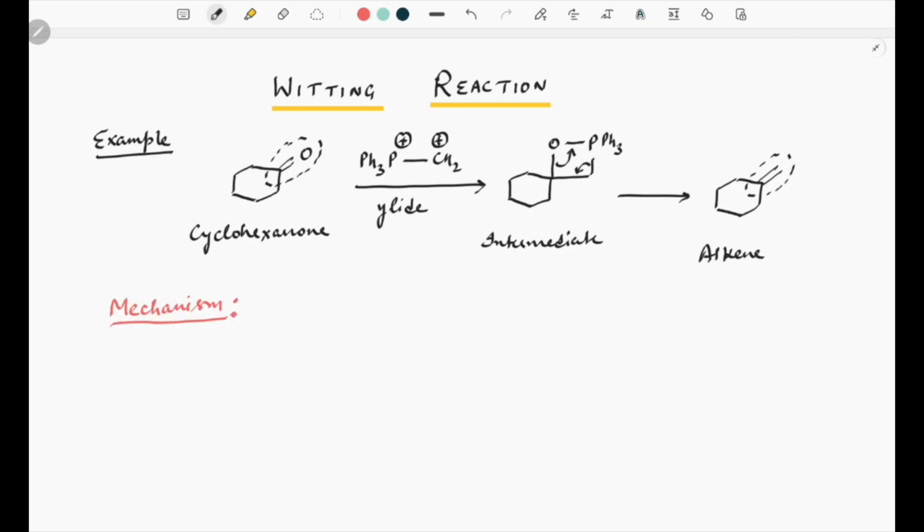As for the mechanism, it is quite simple. The ketone, the carbonyl group, is attacked by the negatively charged carbon atom of the phosphorus ylide, which in turn results in the formation of an intermediate.